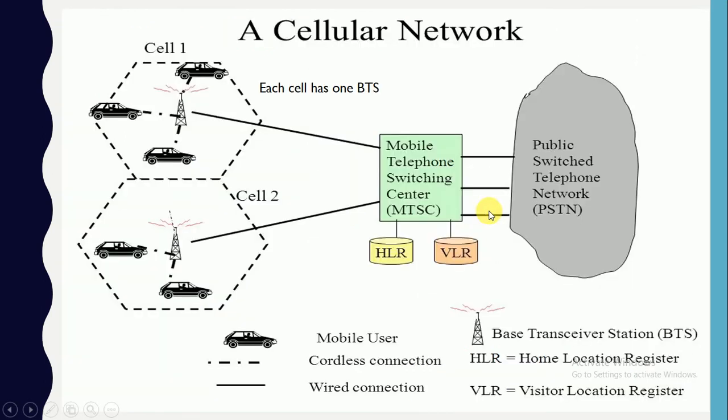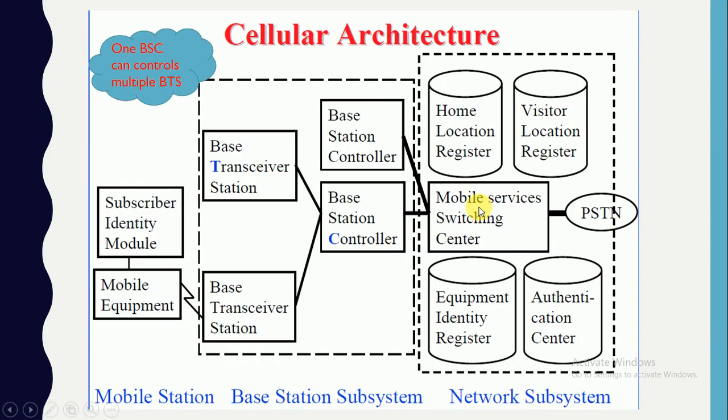Go to the previous video and see that BSC is hidden, and the only thing visible is MTSC. So MTSC is the actual interface between the tower and the PSTN, that is the public switched telephone network. It is also the interface between HLR, VLR, PSTN and the network.